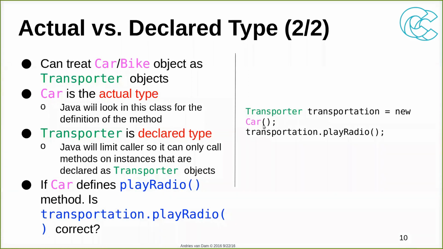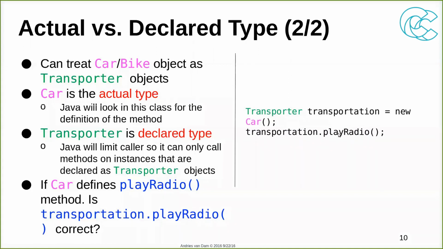So let's say car has 5 methods, and among those 5, 2 are from transporter, so it provided definitions for the 2 methods of transporter. Apart from those two, it cannot call any other method. So for example, car has brake, right? But using the transportation object, we cannot call brake on it.